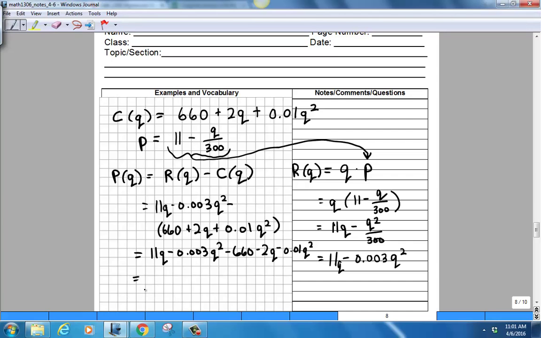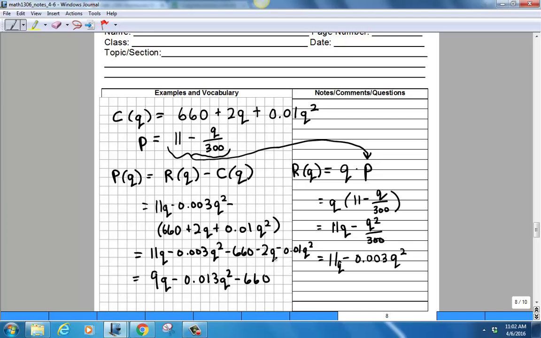It looks like we end up with 9q minus 0.013 q squared, and then minus 660. There it is. There's the profit formula.